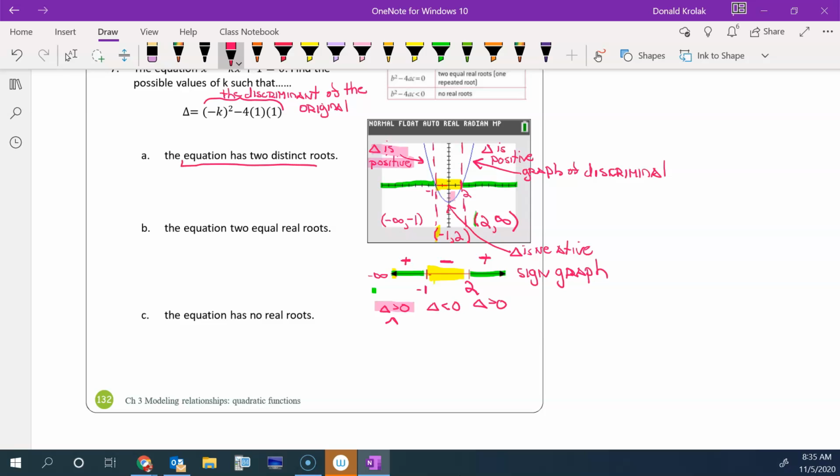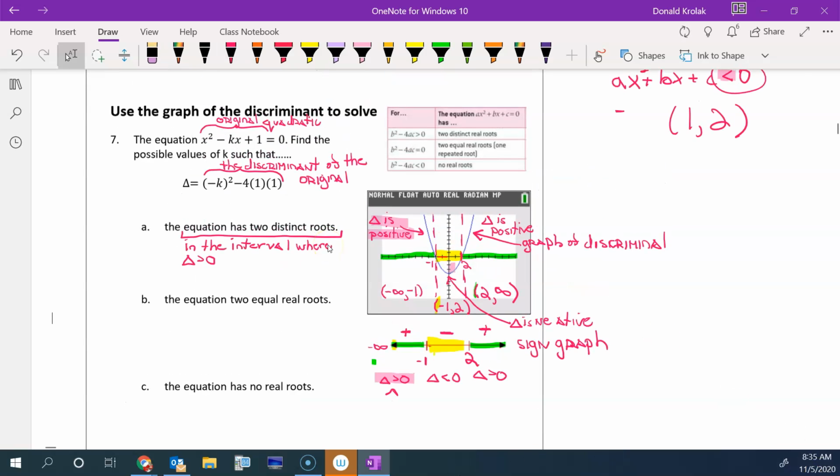This is going to happen in the intervals where the discriminant is positive, where delta is greater than 0, because to have two roots, the discriminant has to be positive.